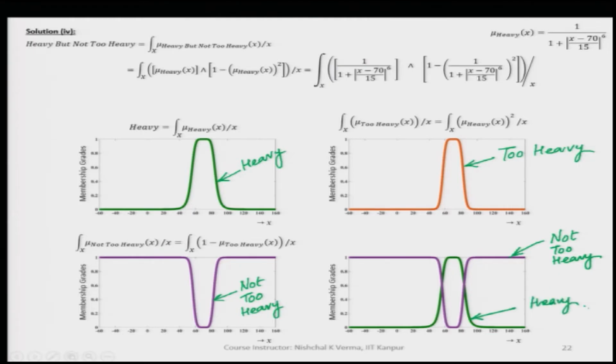We have two fuzzy sets, one for heavy and the other for not too heavy. When we superimpose both fuzzy sets on each other and take the intersection, we get the resultant as heavy but not too heavy. So, let us look at this.